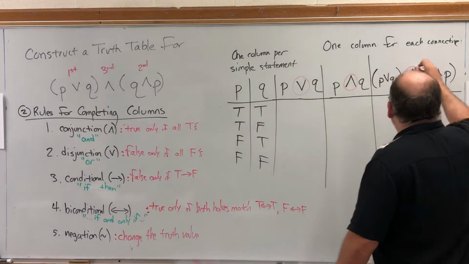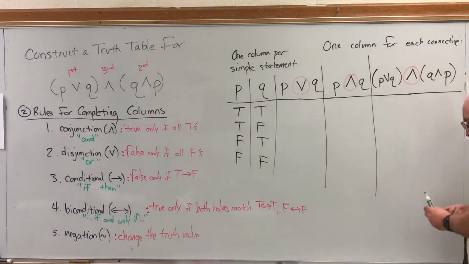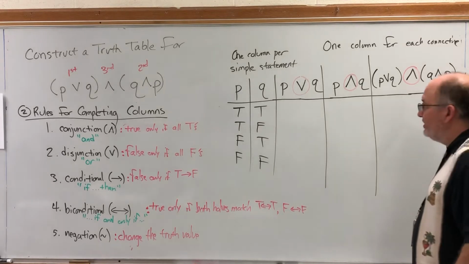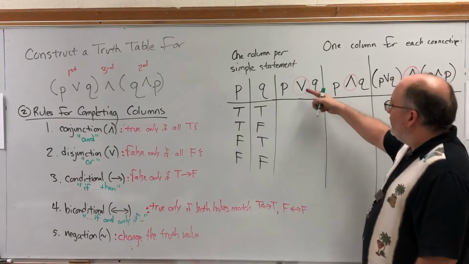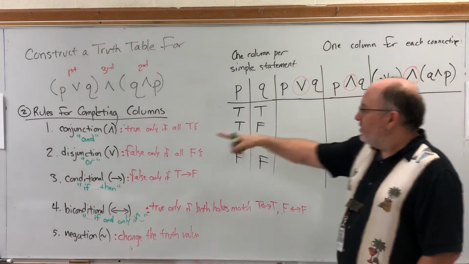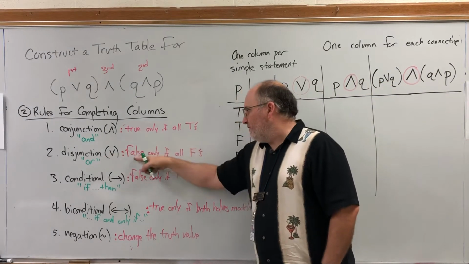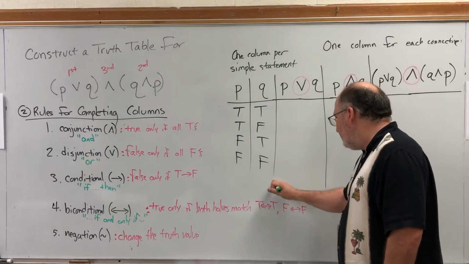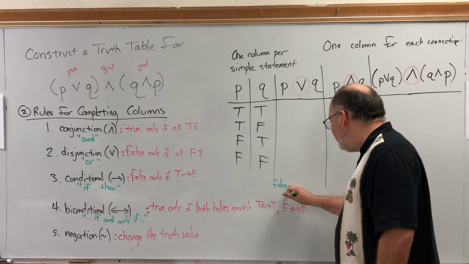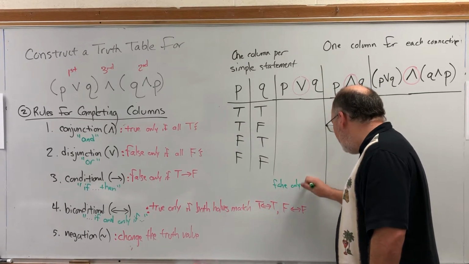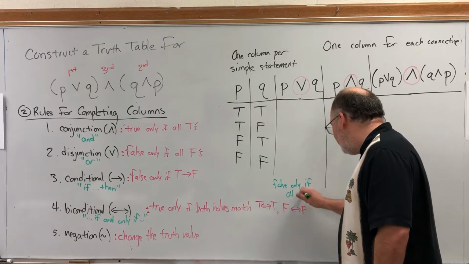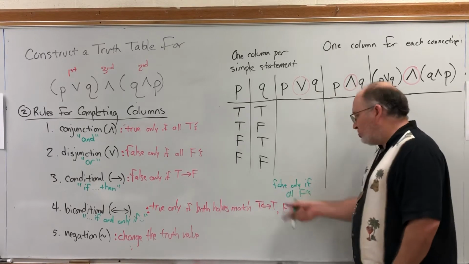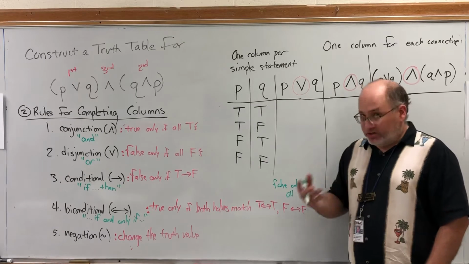So I'm going to circle the connectives that we're focusing on in each column because those connectives will dictate the rules. What is the rule for disjunction? The rule for disjunction is false only if all F's. So I'm going to write that down here. False only if all F's. So that's the rule I'm going to do.